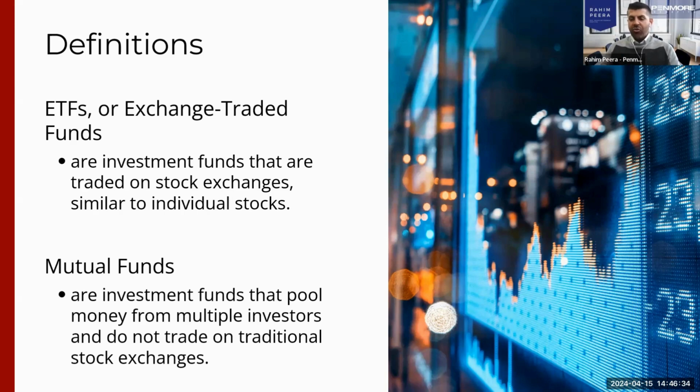An ETF is traded on an exchange, for example the Toronto Stock Exchange or the New York Stock Exchange, whereas a mutual fund is traded directly through a company like Invesco, Trimark or Fidelity, rather than an exchange.